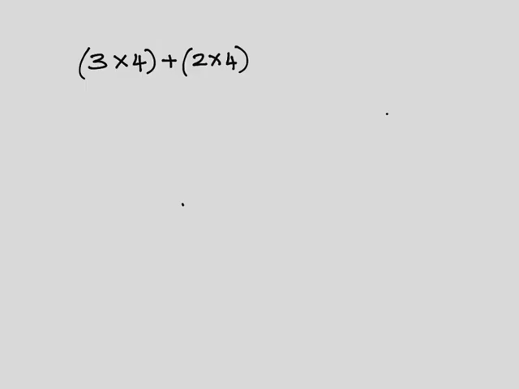So let me check. If you see in both the multiplication expressions, 4 is common in both, right? Okay, so let us take the 4 outside. If we take the 4 outside, we are left with this 3 and this 2, because this 4 has gone out and this 4 has also gone out.